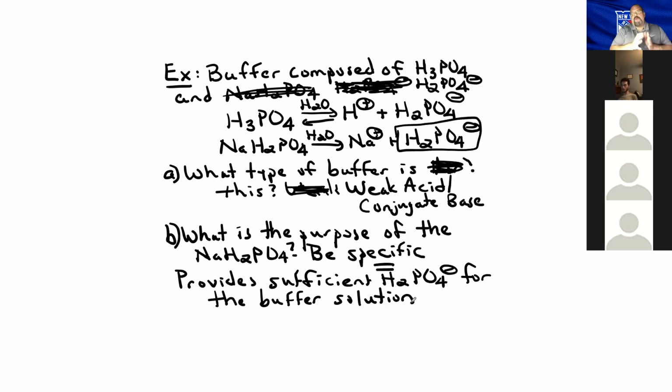The way we're being specific is we're not just saying it provides the conjugate base. We're specifically stating what that conjugate base is. Its purpose is to provide sufficient H2PO4 minus for the buffer solution. Why? Because the H3PO4 does not provide enough of it. So that's letter B. All right, letter C.